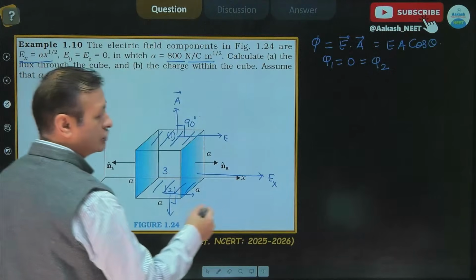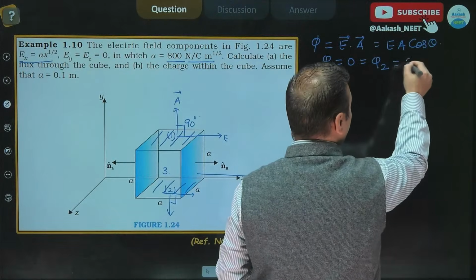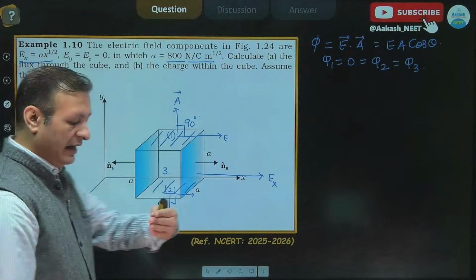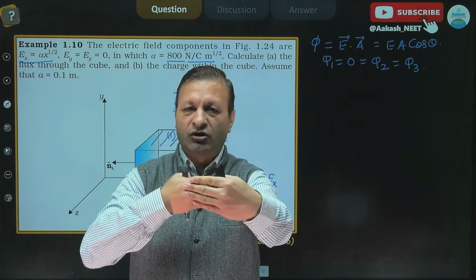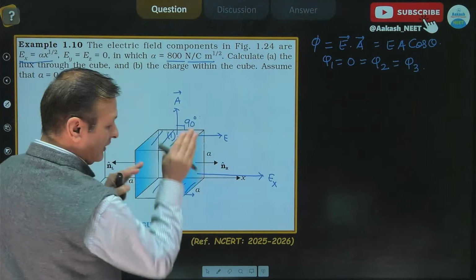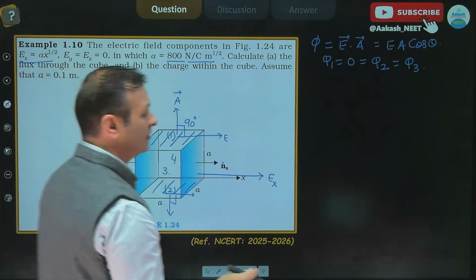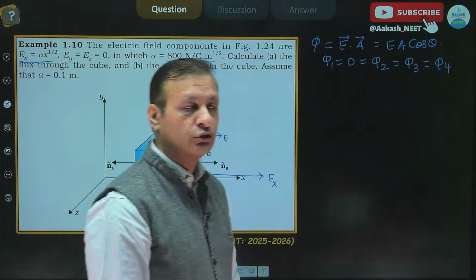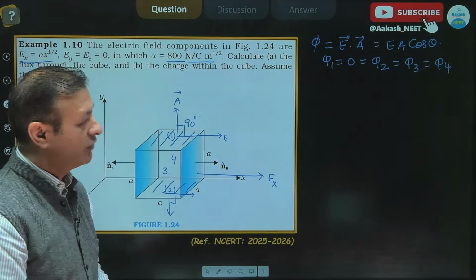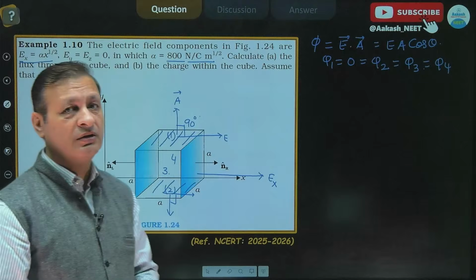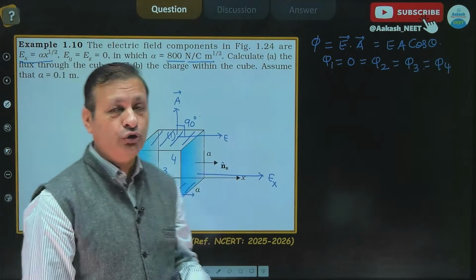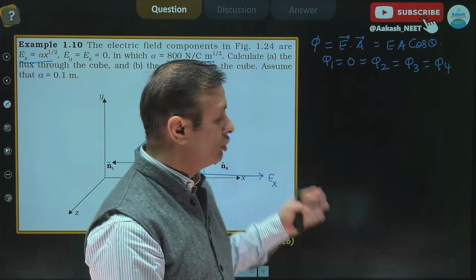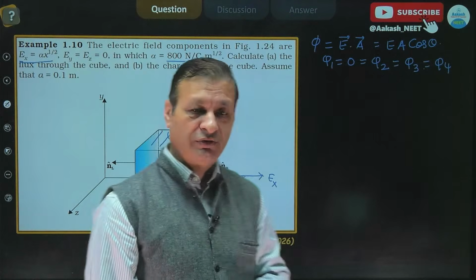So for this part also flux is 0, because the area vector is again normal to the electric field. And the surface which is just at the back of it, its area vector is radially outward in the plane. So for the fourth part, flux would still be 0. So this is the beauty of this: out of 6 surfaces for this cubical configuration, the 4 surfaces which are normal to the electric field direction contribute no flux.